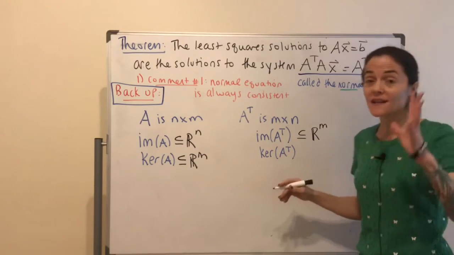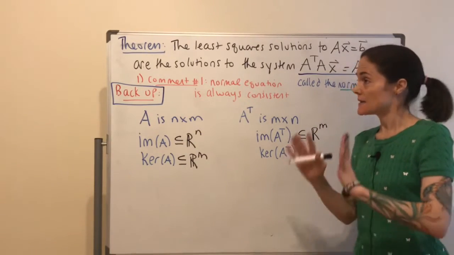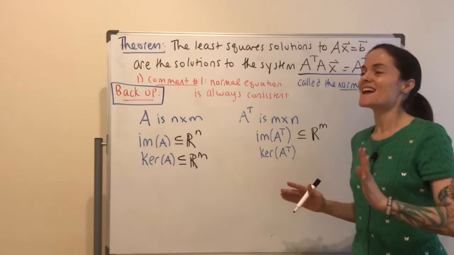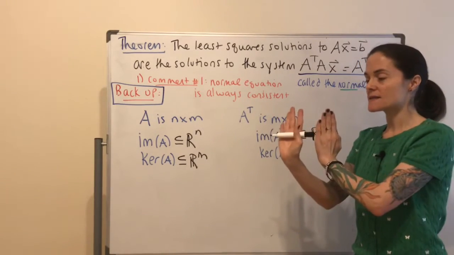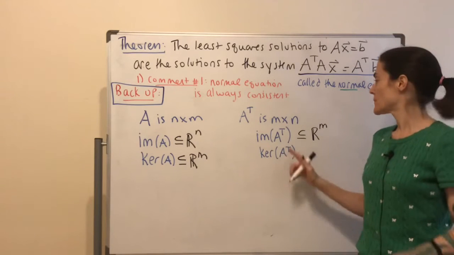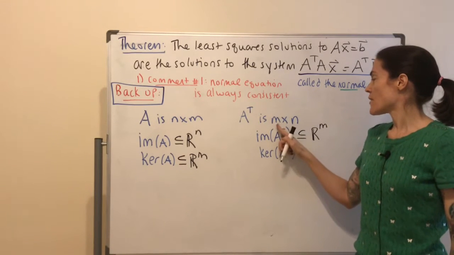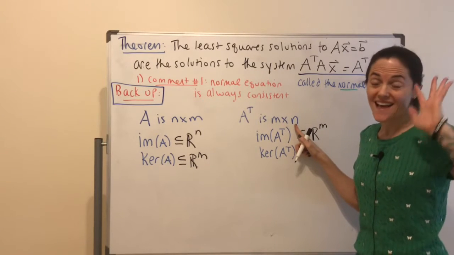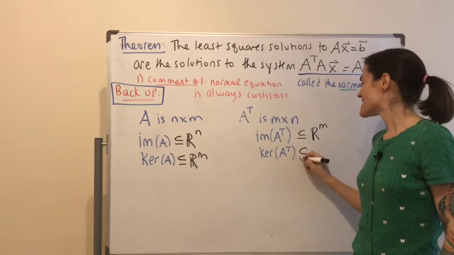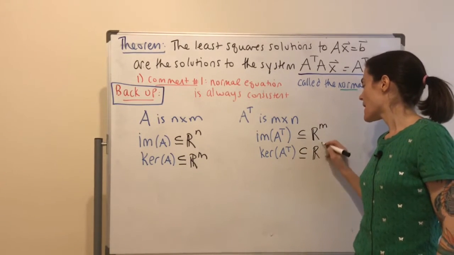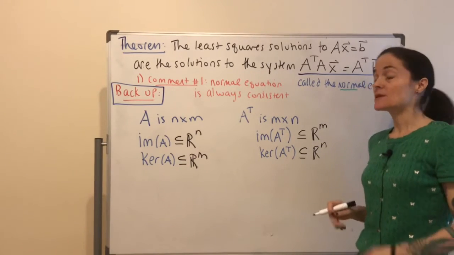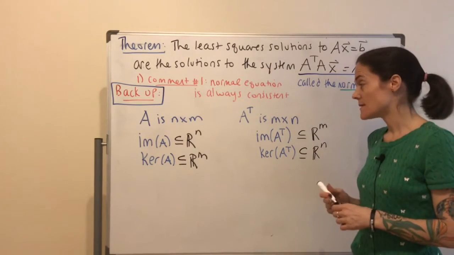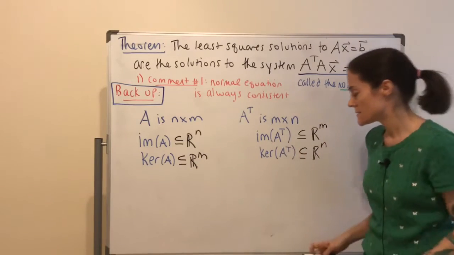And then the kernel of A transpose, this is every vector such that A transpose times x equals 0. Well, in order for A transpose times x to be something, x must be in Rn. So this is inside Rn.